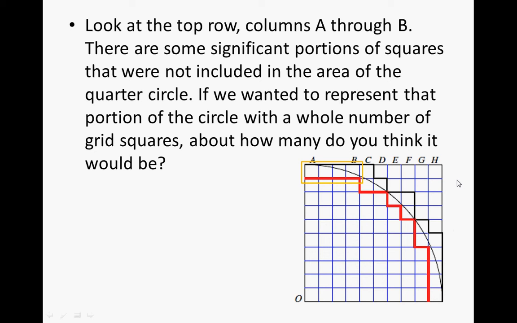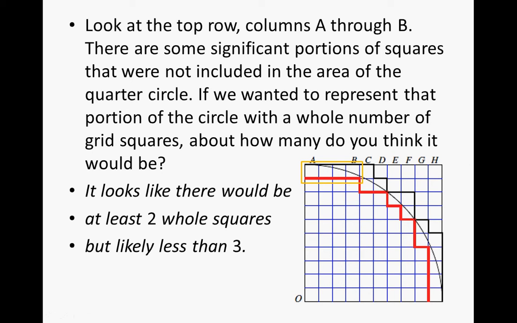There are some significant portions of squares that were not included in the area of the quarter circle. If we wanted to represent that portion of the circle with a whole number of grid squares, about how many do you think that would be? So looking at all 4 of these, if we counted, we just want the partial parts now, how many squares do you think we could get here?